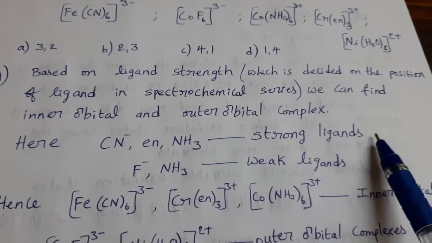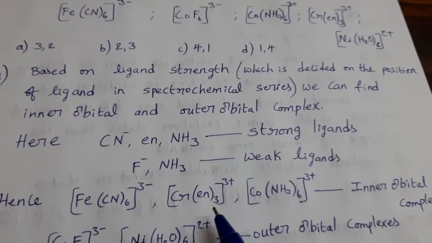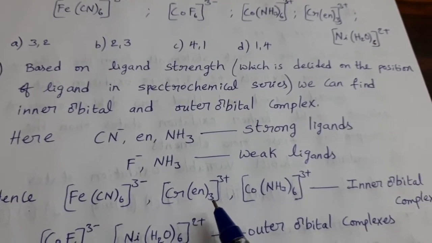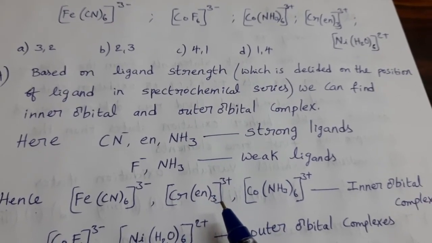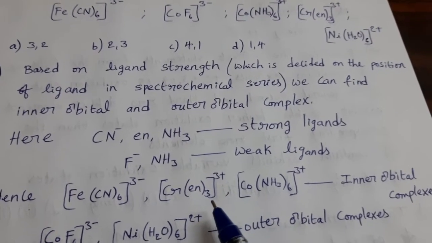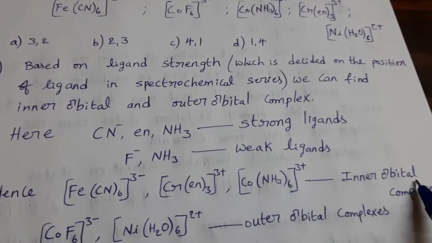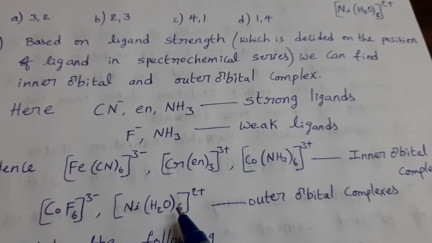Strong ligands form inner orbital complexes. If any unpaired electrons are present in the central metal atom, they undergo rearrangement. Then orbitals present in the inner shells can also participate in the hybridization. Hence we get an inner orbital complex. Now outer orbital complexes: these have weak ligands.